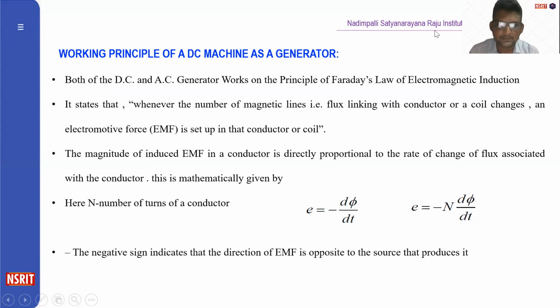You can formulate the EMF formula as E equals d phi by dt, which means EMF is equal to the rate of change of flux linkages with respect to time.